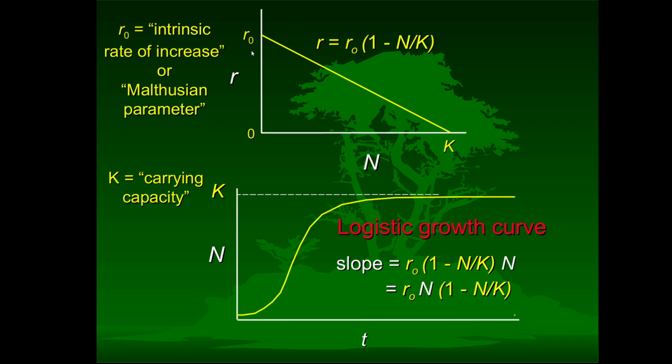So this intrinsic rate of increase, r0 that we're symbolizing here, is a constant by definition. It's the maximum possible per capita rate of increase, little r, which occurs at a maximum level of resource per individual, which occurs when the population density is at the lowest possible.